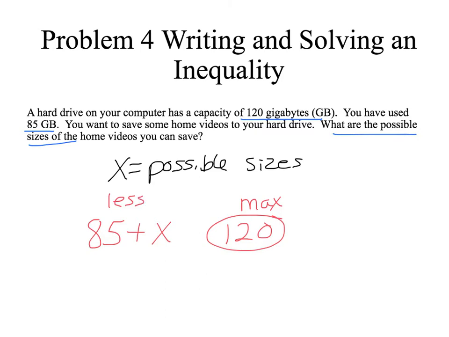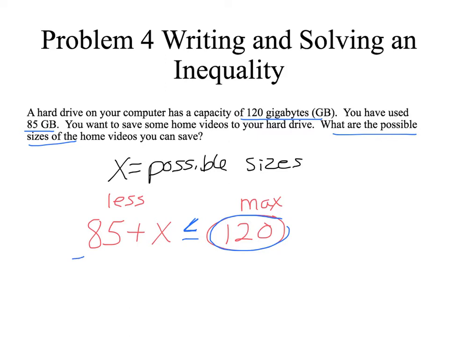If 120 is the most you could have, we need to make our inequality 85 plus x has to be less than, and it could be less than or equal to, because we could use exactly 120 gigabytes. So you set up your two sides first, and then you have to decide, is this the maximum value or the minimum value? That's going to help you decide if you put the less than or the greater than.